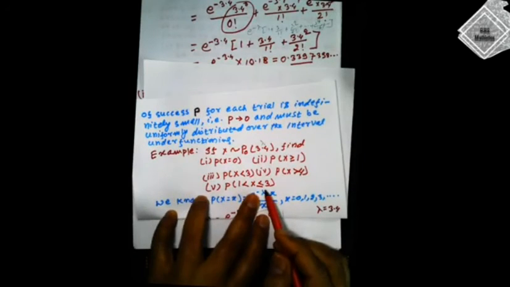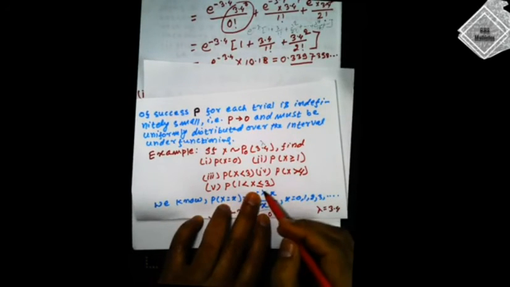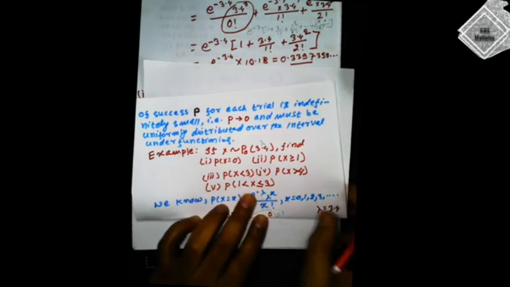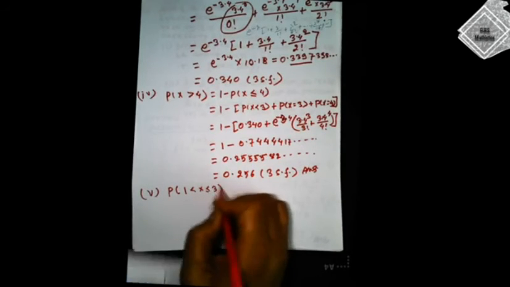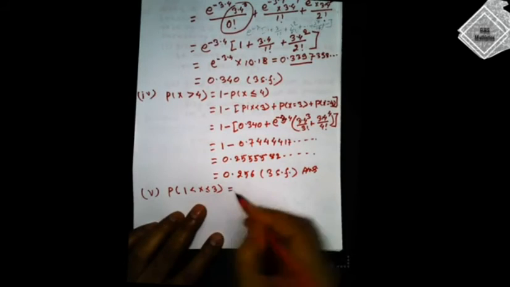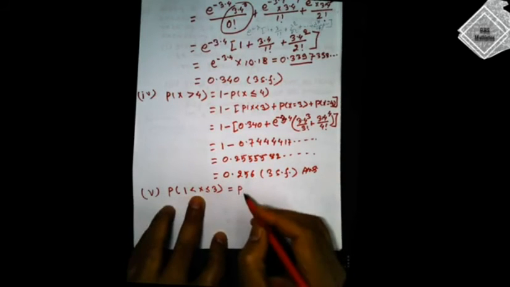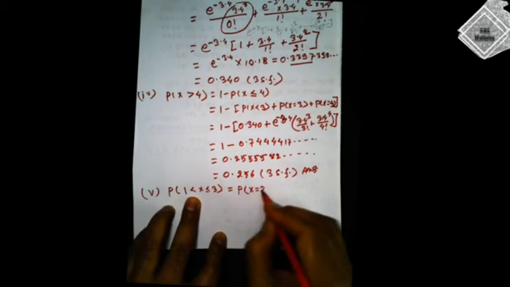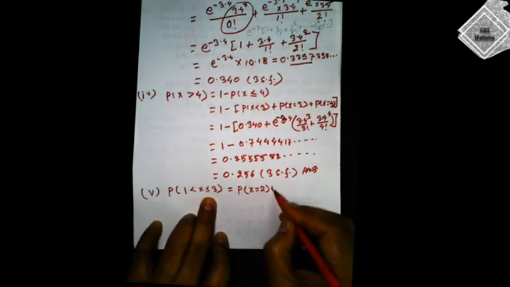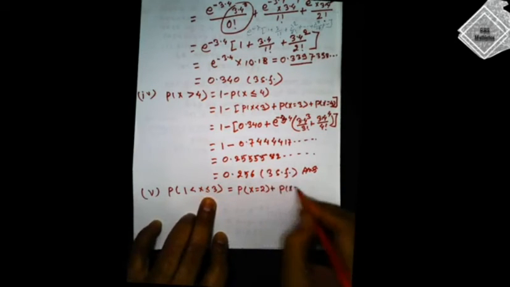Now we have one more problem to solve. That is given as probability of X is between 1 and 3, where 3 is included. So let's first of all write it. It is P(1 less than X less or equal to 3), and it means X must be bigger than 1, where 1 is not included, so you start with 2, so P(X equals 2), and then it will go up till 3, so P(X equals 3).